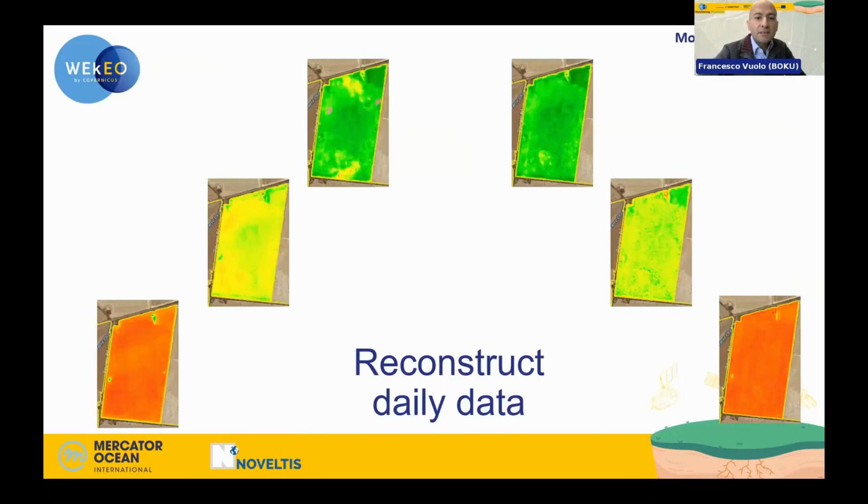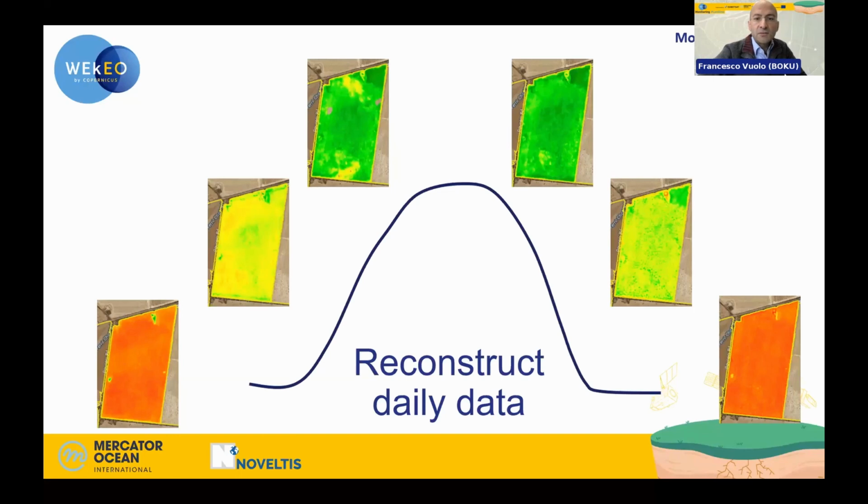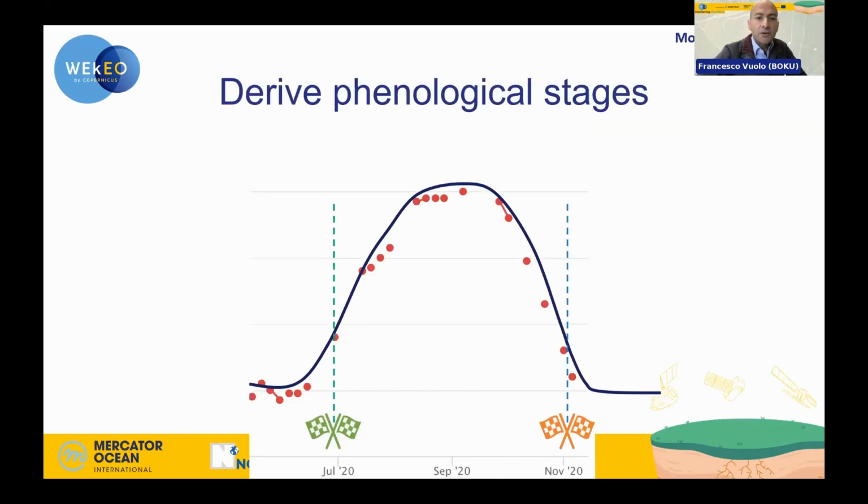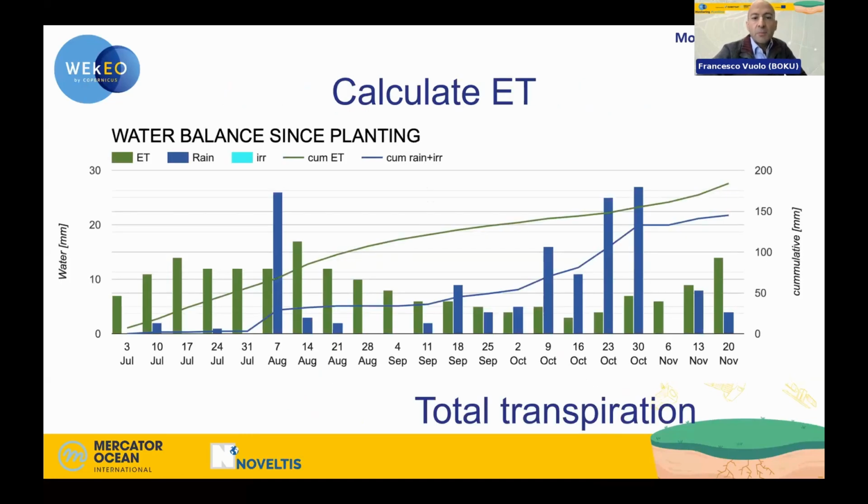Once we have the time series, we can then reconstruct, perform a gap filling so that we have a continuous representation on a daily scale of the plant growth. We look at the phenology of this specific field, and we do this pixel by pixel so that we have the start and the end. And after that, we look at evapotranspiration.